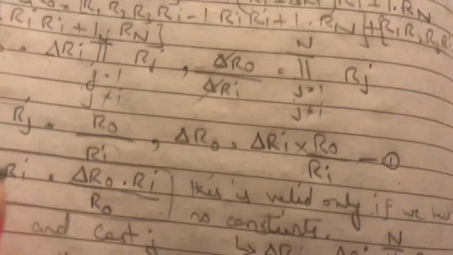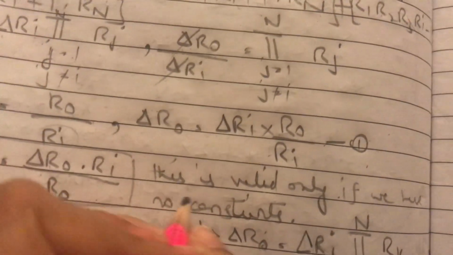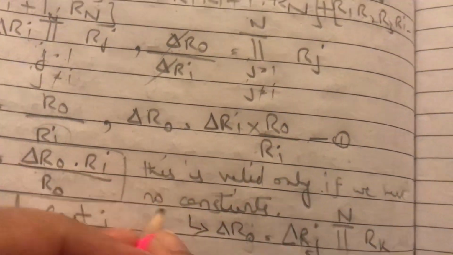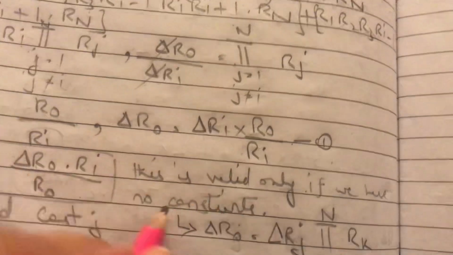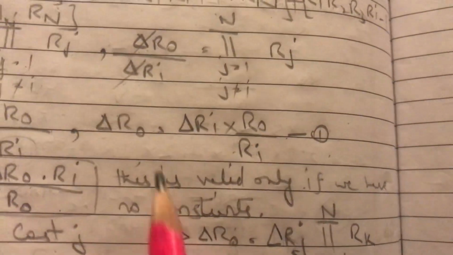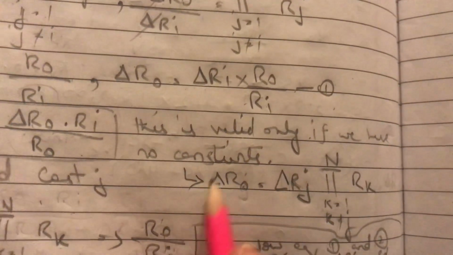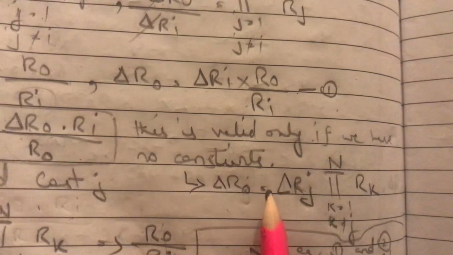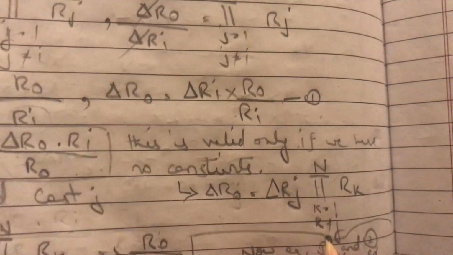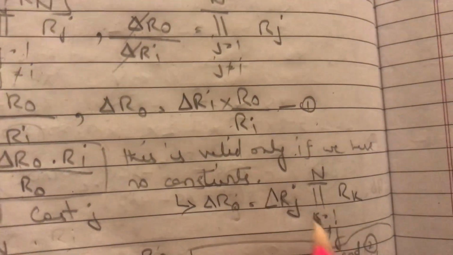Now we have to talk about what is valid when we have no constraints. We assume that we have no constraints. So when we have no constraints, delta R0 becomes delta Rj times the product over k going from 1 to n, where k is not equal to j, of Rk.